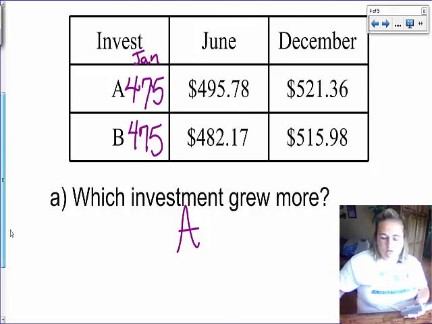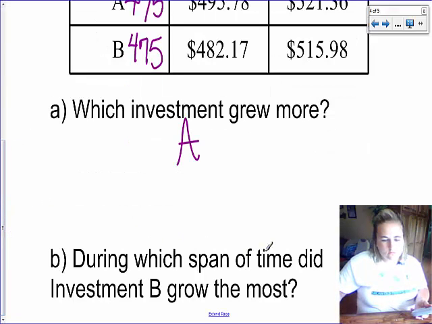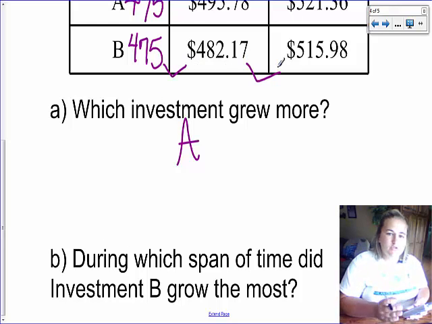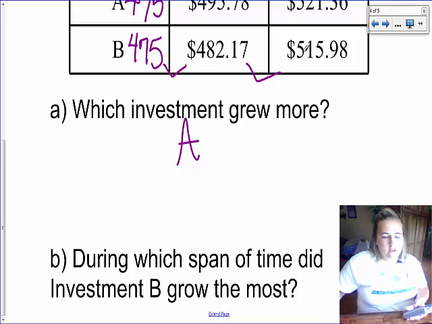And the next question says, during which span of time did investment B grow the most? So we need to find how much it grew from January to June and from June to December. To do that, all we need to do is some simple subtraction. So I have $482.17 minus the original amount that was put into the account, which was $475. And from January to June, the account grew by $7.17.